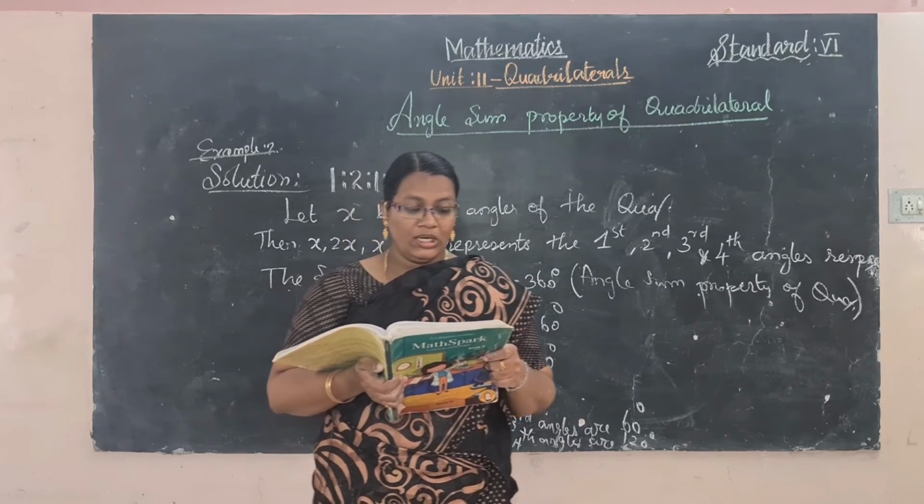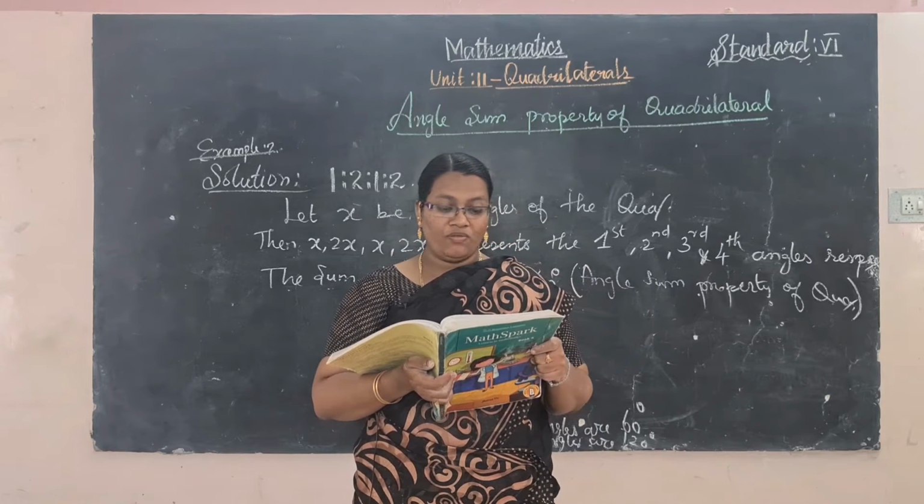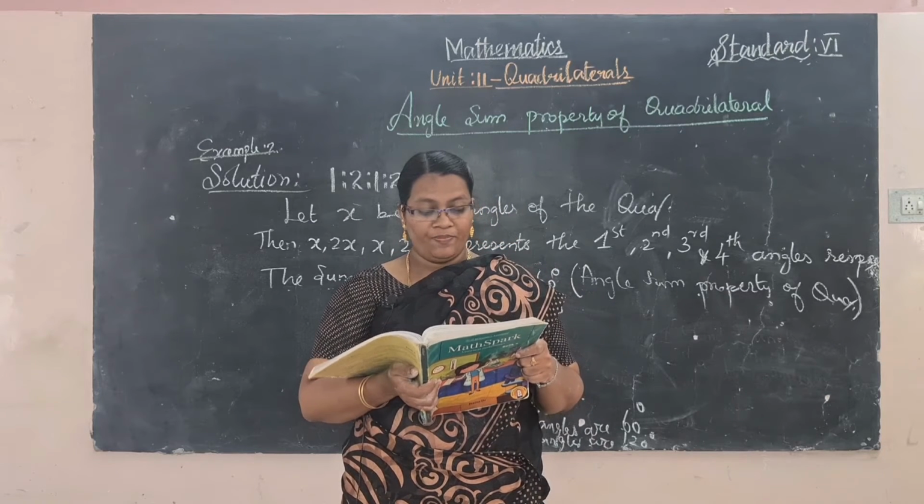Now move to the third one. In the adjacent figure, find the measure of the angle QRS.